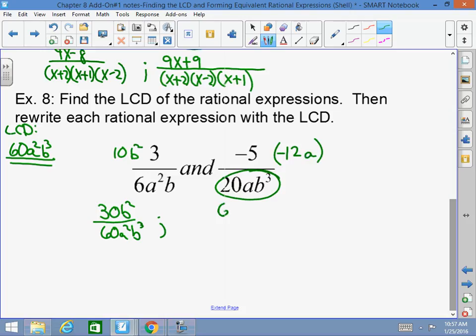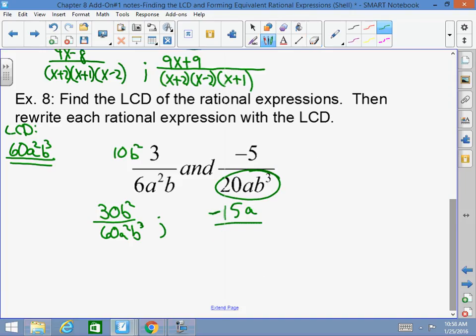So then I would have 60a. Oh, I'm sorry, it's 3. You're right. It's negative 3. Good. 3a. So this would be 15a over negative 60. No, I'm sorry. Why would it be negative? Sorry, I was looking at the 5. My bad.